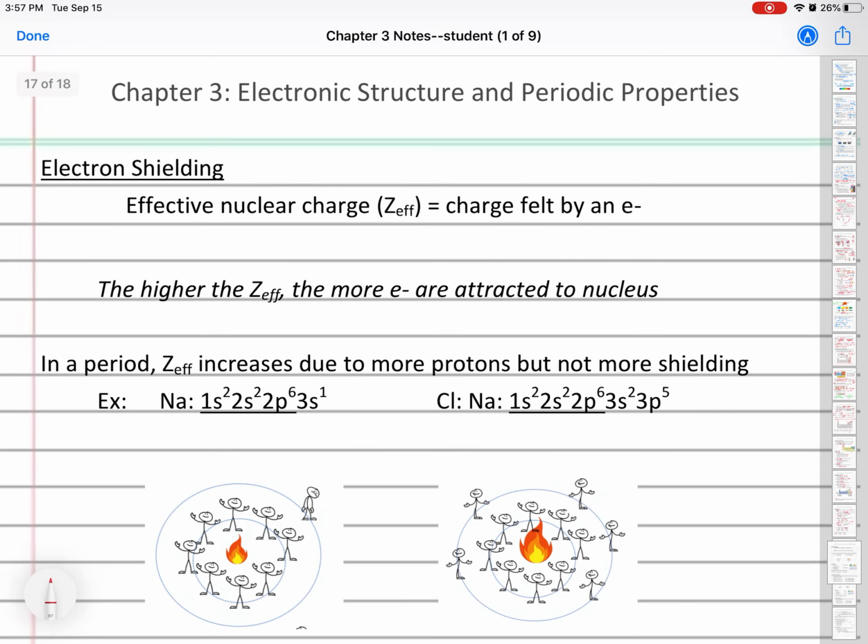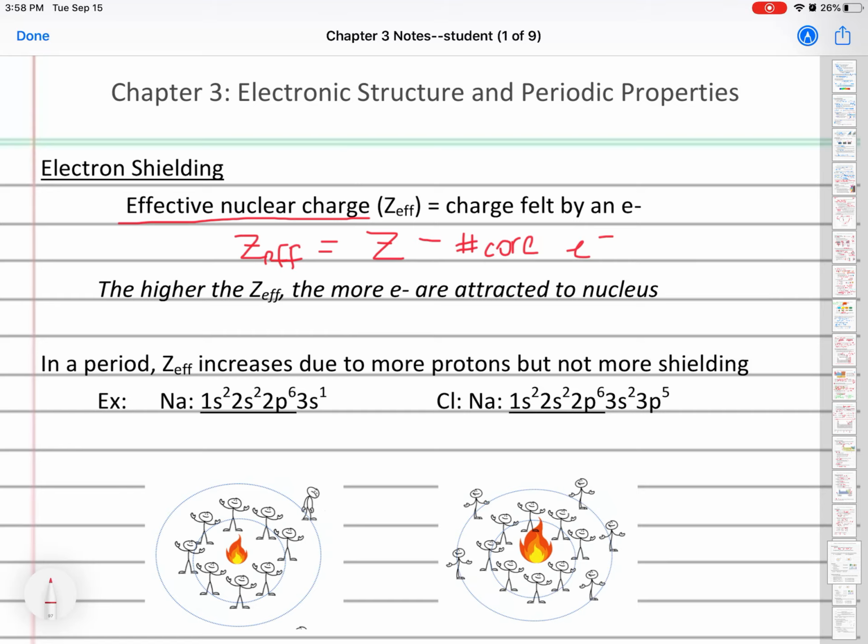So electron shielding is sort of described as the charge that is felt by any given electron. And the charge that is felt is called the effective nuclear charge. And the equation for the effective nuclear charge is Z, the number of protons, the atomic number, minus the number of core electrons.